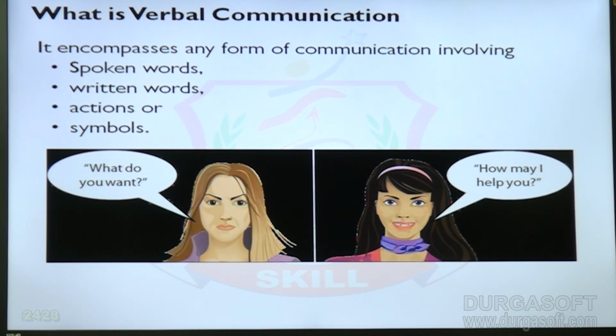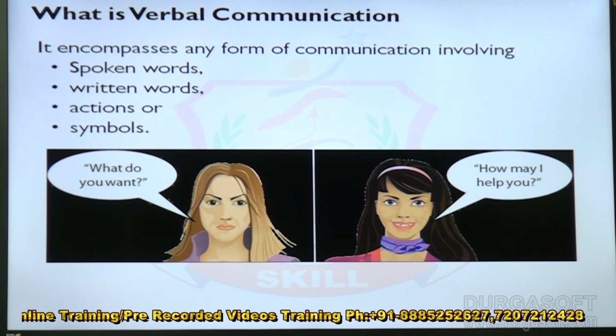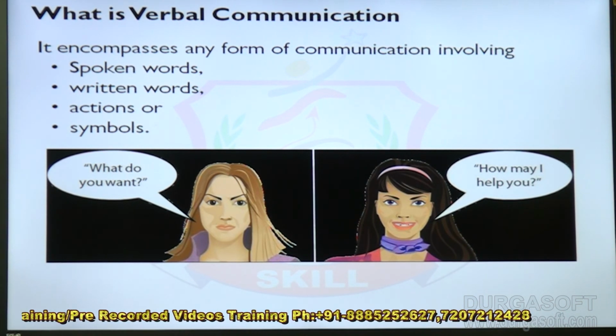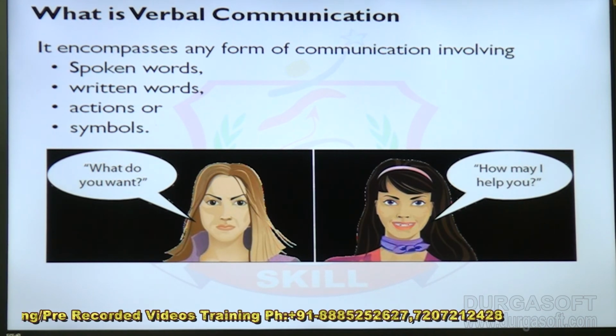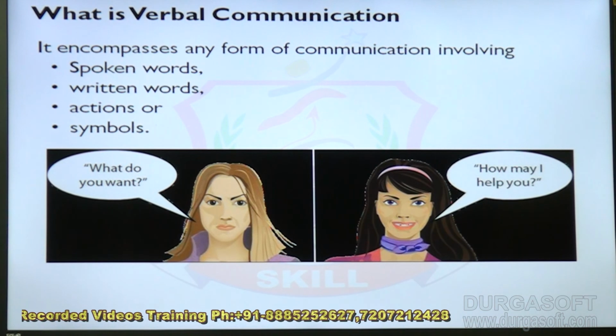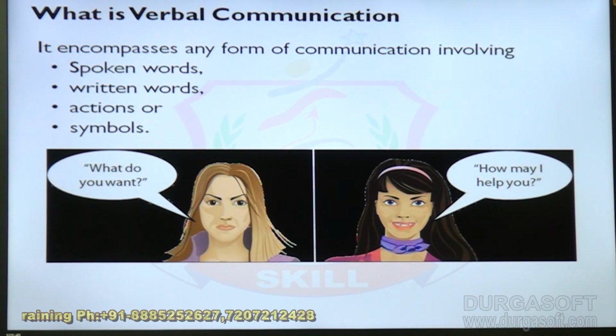What is verbal communication? It encompasses any form of communication involving spoken words, written words, actions or symbols. These are the various communication forms involved in verbal communication. You can communicate by speaking, that is one. Written communication: whatever you want to communicate, you communicate through writing.